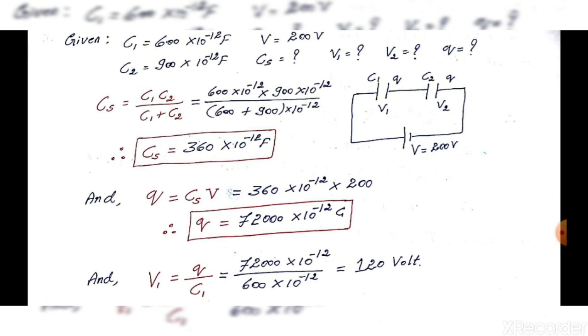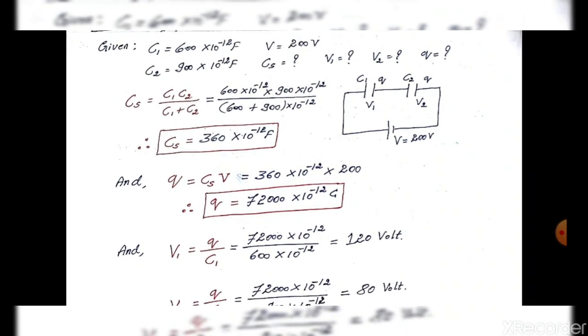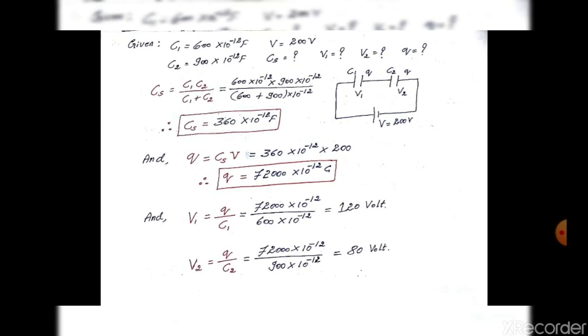Next we have to find the individual potentials V1 and V2, right? By the definition of capacitance we can write V1 is equal to Q by C1 and V2 is equal to Q by C2. Substitute the Q value divided by C1, that gives the voltage across the first capacitor. Next, substitute the Q value and the capacitance of the second capacitor, that gives the voltage across the second capacitor, 80 volt.